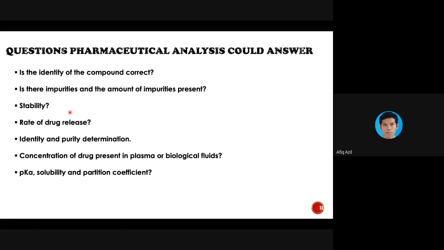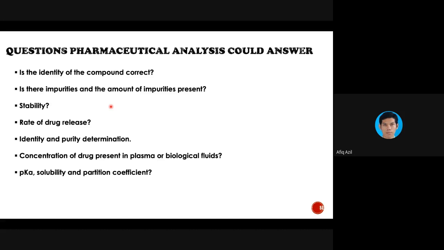So this stability can be in the form of doing scheduled testing. Let's say you are producing maybe 1,000,000 tablets of, let's say, chloroquine. You cannot sell all to the market.